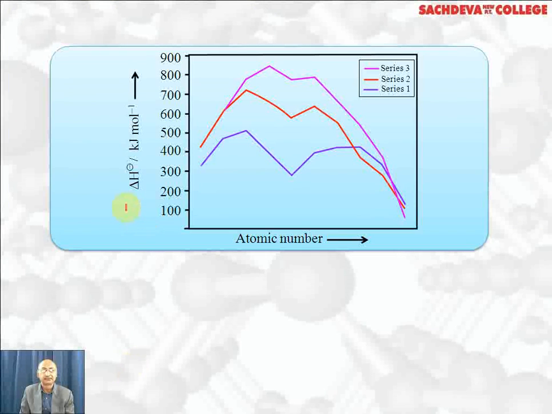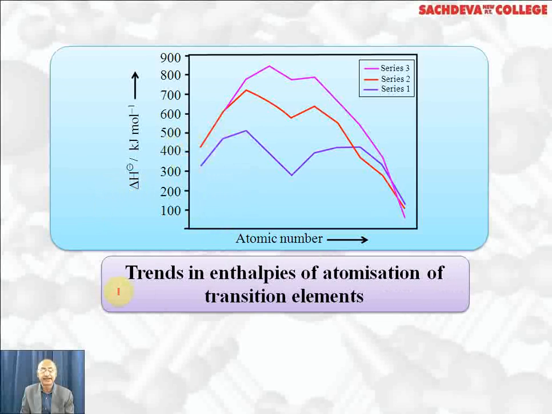This is the enthalpy of atomization of transition metals in series 1, series 2 and series 3, and if you observe, it has an irregular trend. First it increases, then it decreases, then it goes on increasing. Similar trends are followed in all the 3 series. So these are trends in enthalpy of atomization of transition metals.